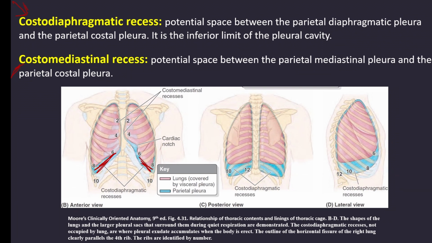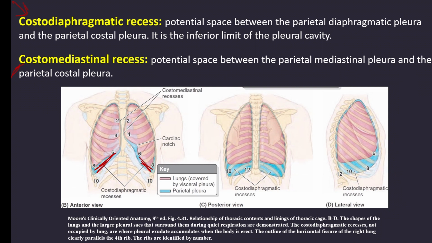Why is this one significant? Because, one, it is part of the pleural cavity. Don't forget that. It's between two parts of the pleura, so it is part of the pleural cavity.